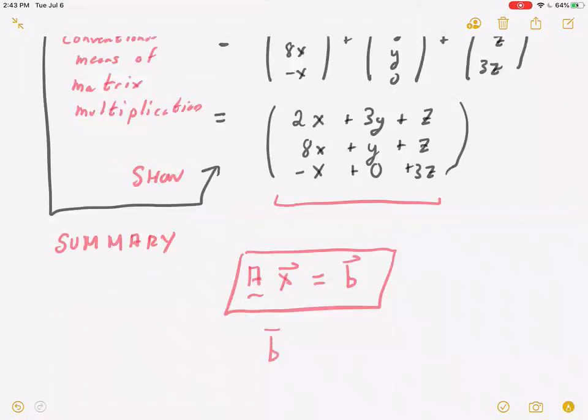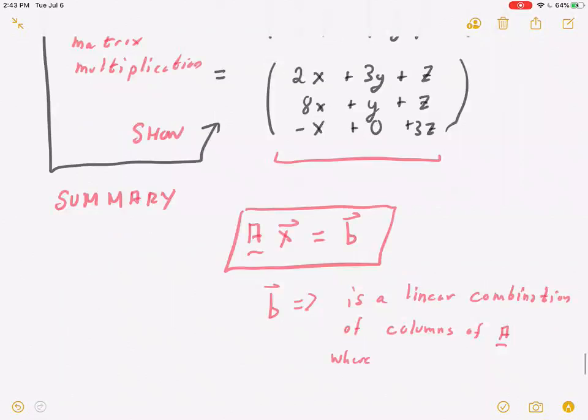Now, I know something more about B. B is a linear combination. We defined the idea of a linear combination before, but now we see why it's useful. It's a linear combination of the columns of A, where X contains all the scalars in this linear combination.